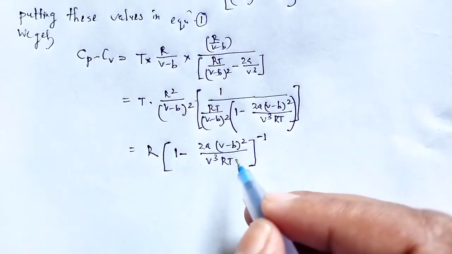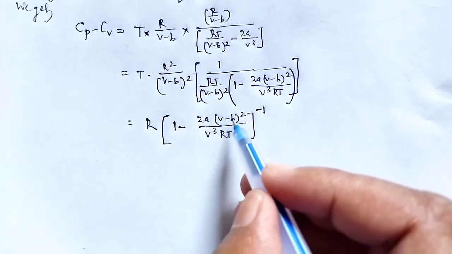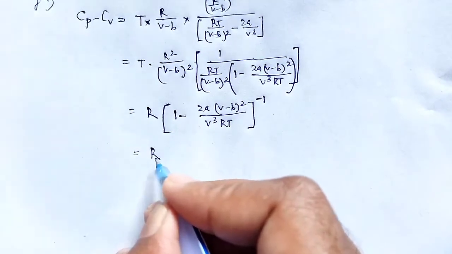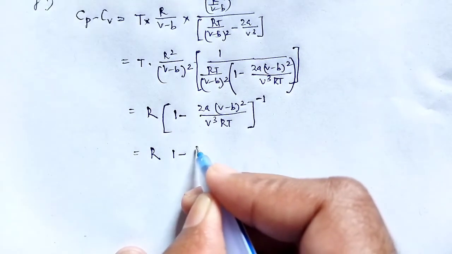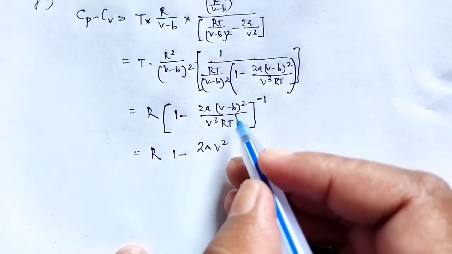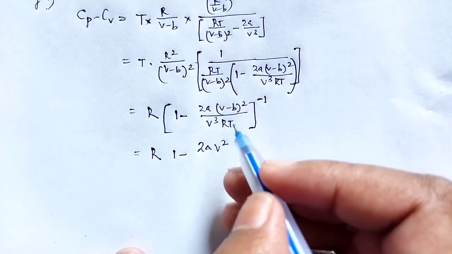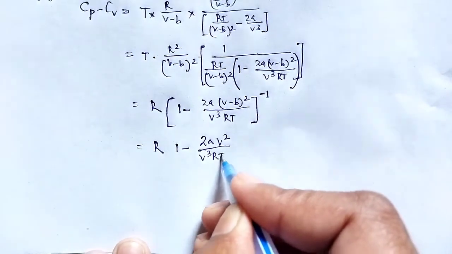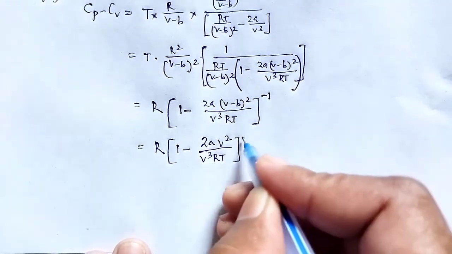Now simplifying that one, we write here R into 1 minus 2a V square, here neglecting b, why? Just write it, V cube RT to the power minus 1.